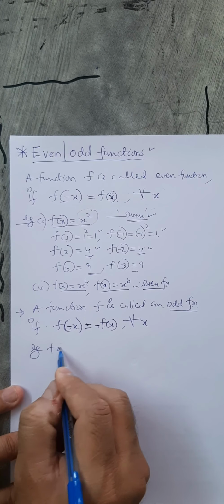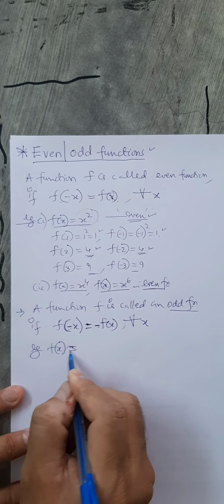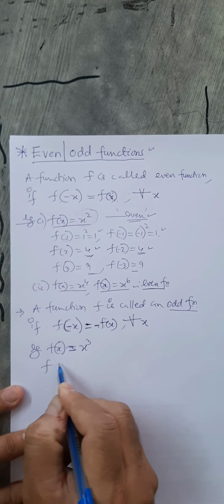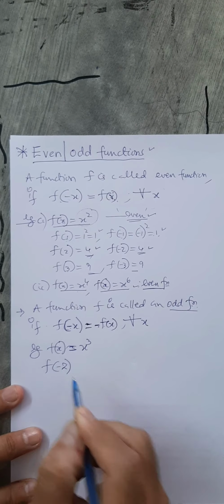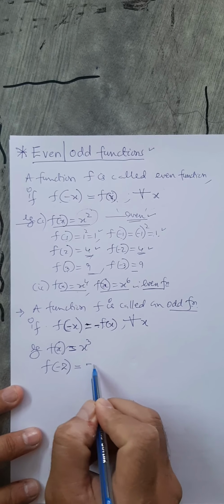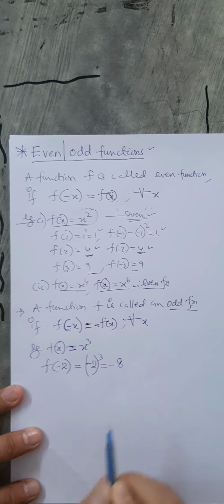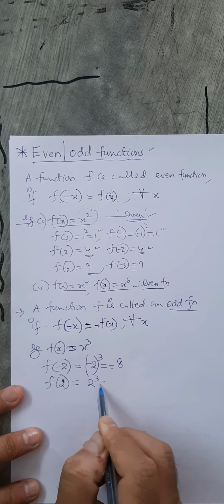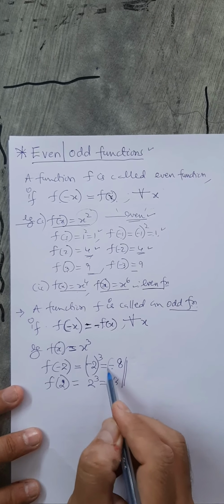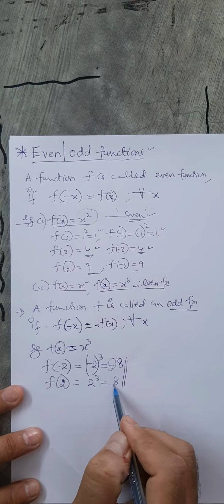Like this, you take f of x equals x cube. Find f of, for example, minus 2. It is nothing but the minus 2 the whole cube. So it is minus 8. See, minus has already come out. Now you find f of 2. What is f of 2? That is 2 cube, which is 8. So what's the difference between these two? You see minus sign. They are not equal.